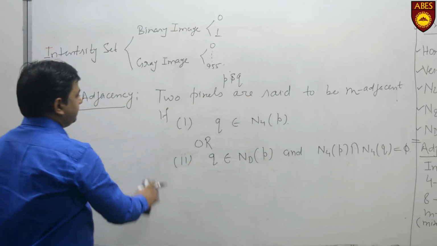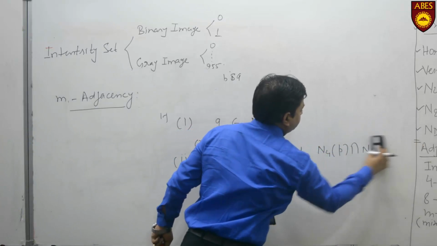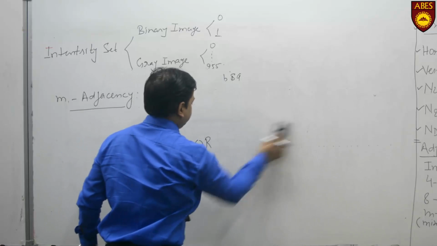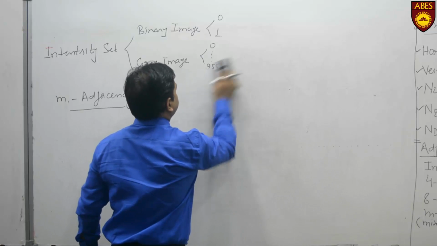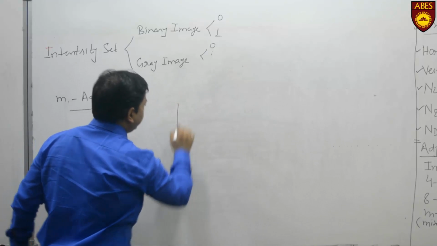Let's take an example. Suppose we have a pixel arrangement like this.